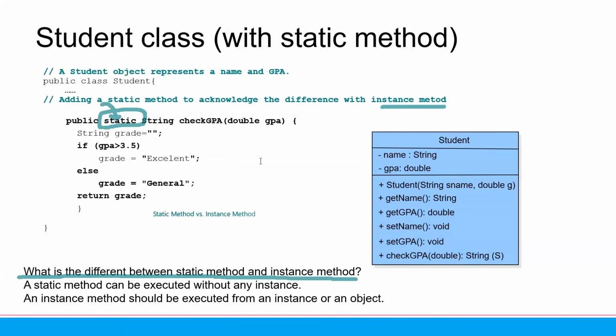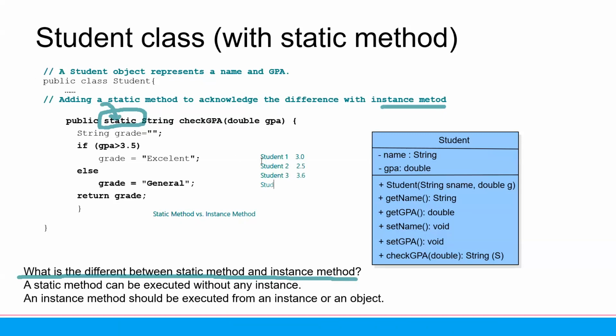So for example, if I have student 1, the GPA is 3.0, and then I have student 2, the GPA is 2.5. The student 3, let's say the GPA is 3.6.